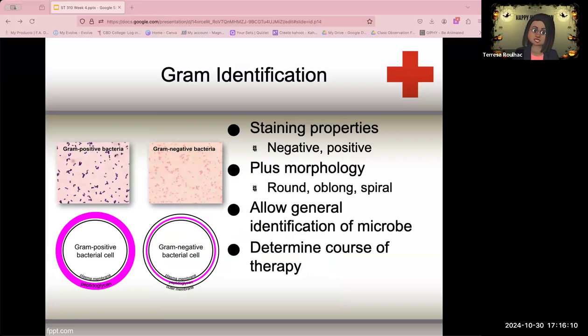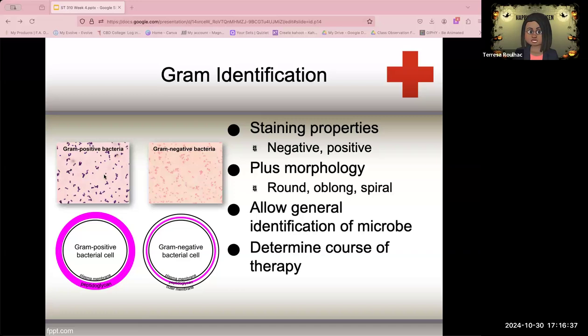Now, again, gram negative, these bacteria do not retain the crystal violet stain and appear pink or red after the gram staining process. Okay. So we're looking at gram negative. Our gram positive, these bacteria retain the crystal violet stain and appear purple.